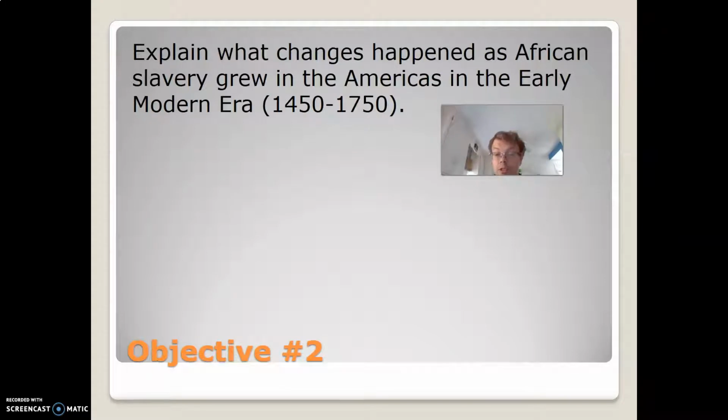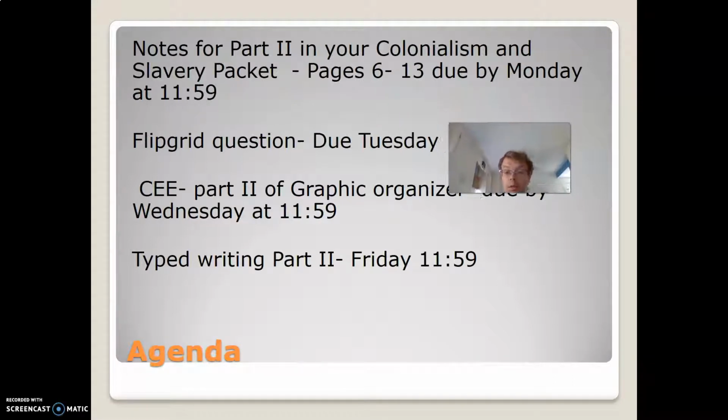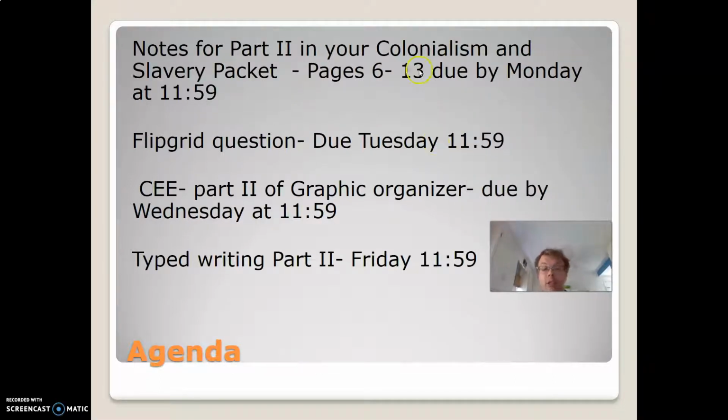Our next objective for this packet and what's going to be our next writing assessment is the prompt: explain what changes happened as African slavery grew in the Americas in the early modern era. Here is basically our timeline and what we need to do from this Friday all the way until next Friday.